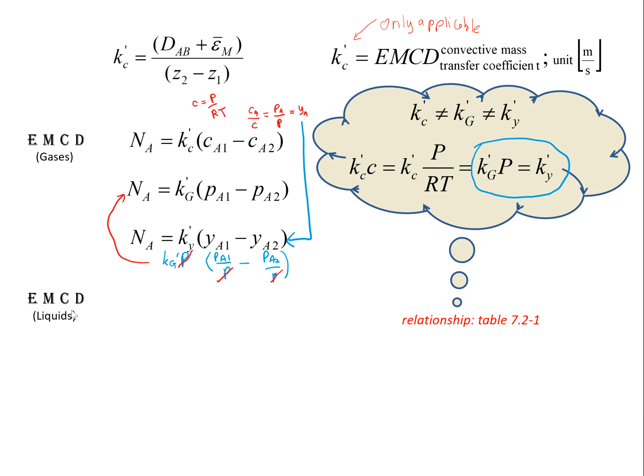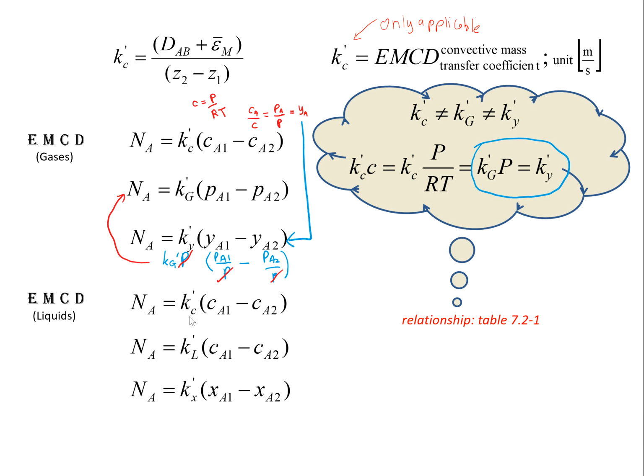What if we have EMCD for liquids instead of gases? So what are the equations that you are going to use? You have three further equations in terms of concentration gradient. So here you see Kc prime C and also Kl prime. Since the driving force is the same, then you can say that Kc prime is equal to Kl prime.